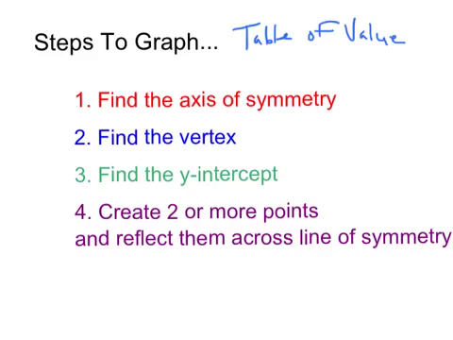So we're going to find the axis of symmetry, or line of symmetry. We're going to find the vertex of our quadratic function. We're going to find the y-intercept, which we just looked at. And then we're going to create a couple of points and reflect them across our line of symmetry, and see how those things all work together.